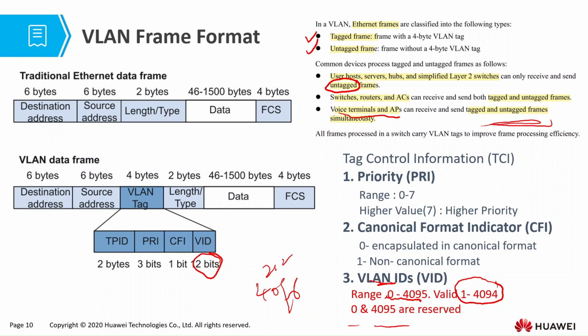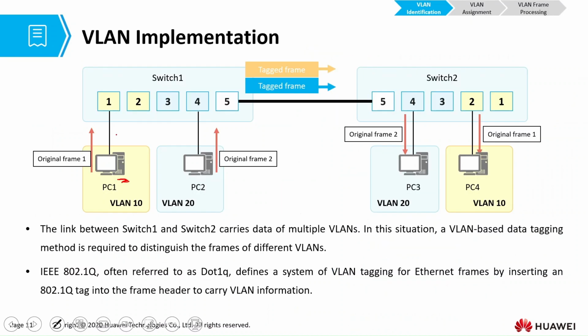So your PC sends out an untagged frame. But when it reaches switch 1, the switch adds a tag. For example, here is your data, and then they add VLAN 10 and forward it.